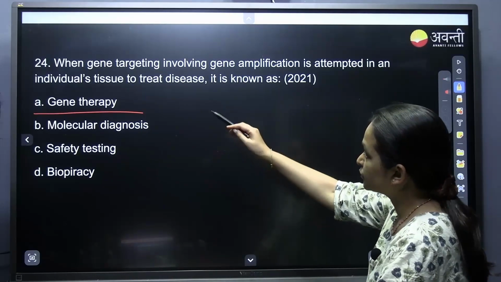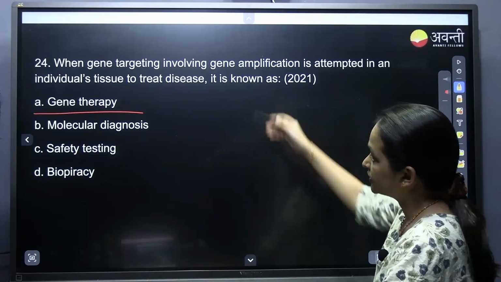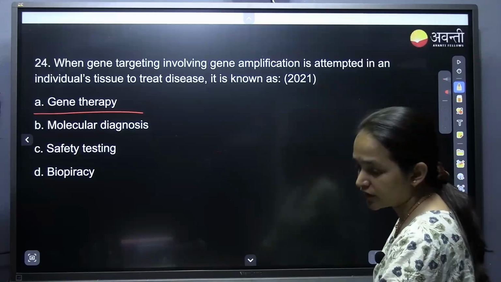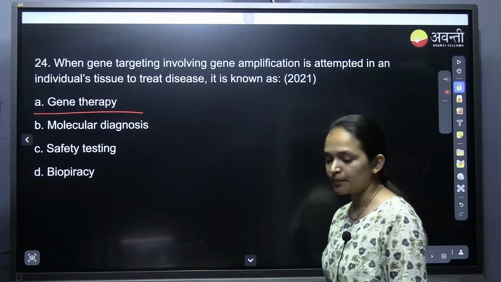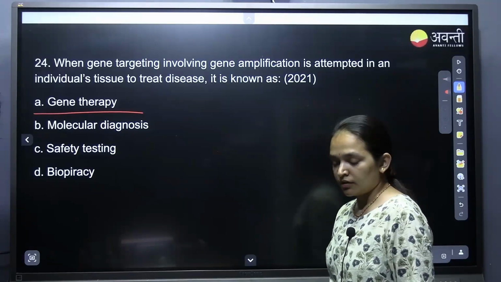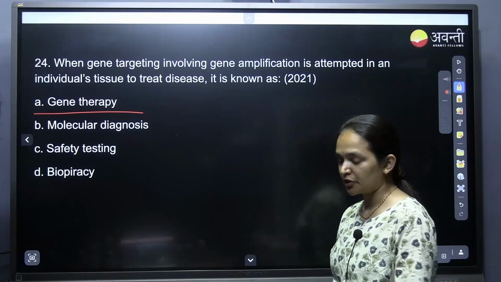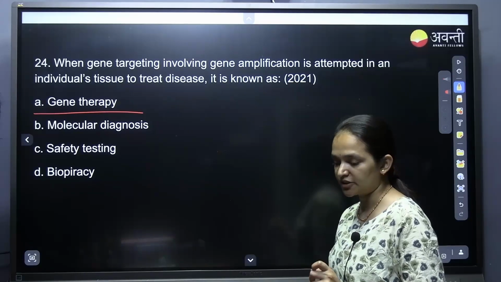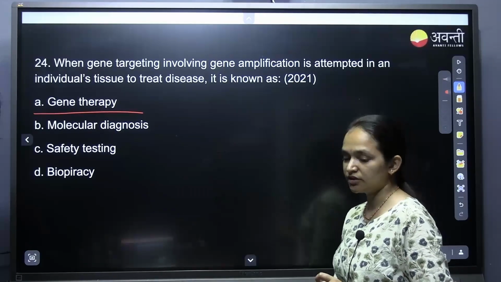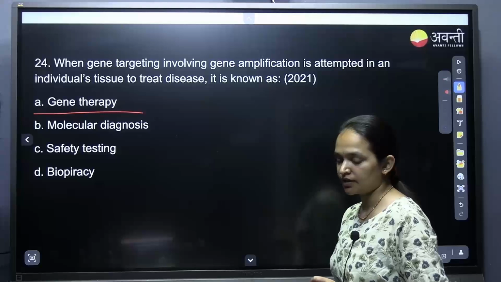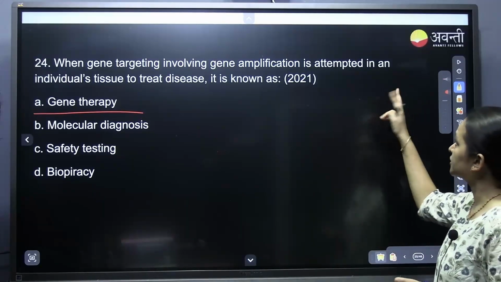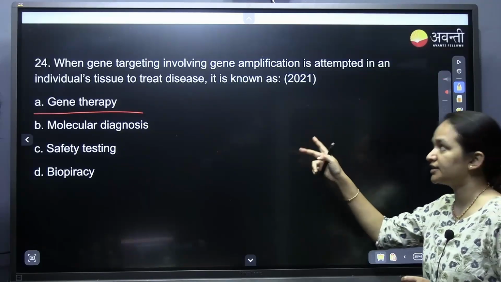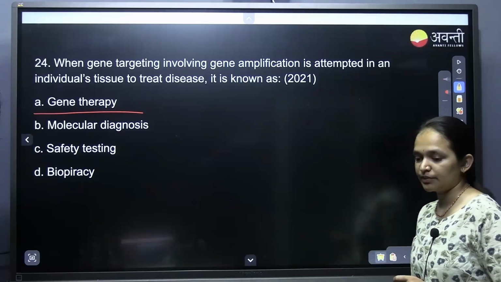Because the gene is involved when gene targeting is done. Sometimes if there is a defect in a gene, for example ADA deficiency, that particular gene is the defective gene. So we are actually doing gene therapy for it, targeting that particular gene. Gene targeting involving gene amplification attempted in an individual's tissue to treat the disease is known as gene therapy.